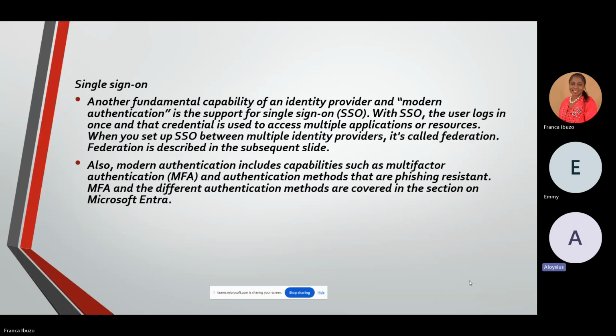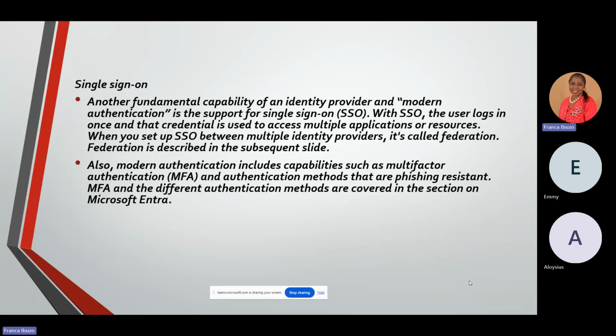Multi-factor authentication is a process in which a user is prompted during the sign-on process for an additional form of identification. Correct. That's why it's called multi-factor.